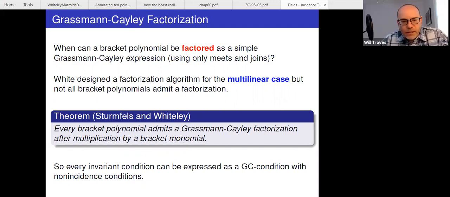Yeah, that's possibly true. I believe in that situation there might be a different bracket monomial that you could multiply by, where those 3 wouldn't be cut out, and then you would get a factorization there.